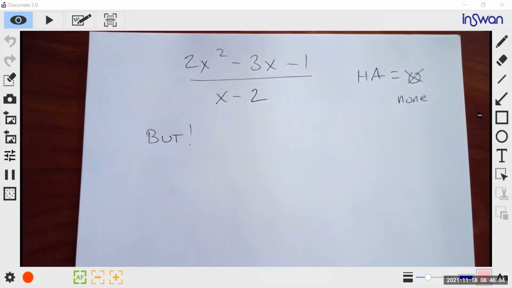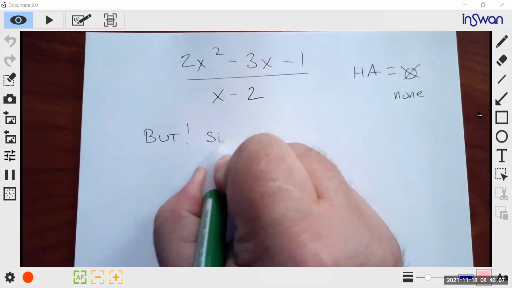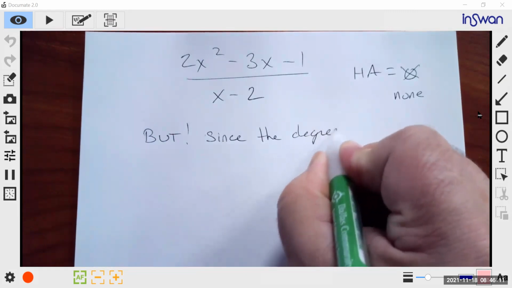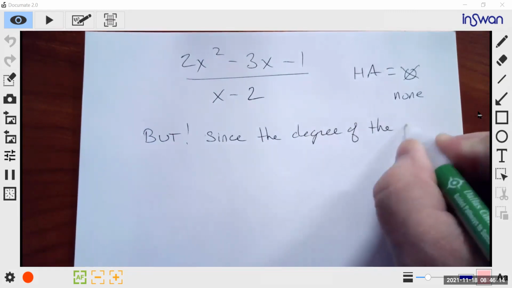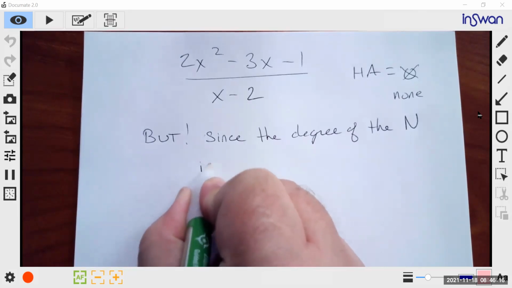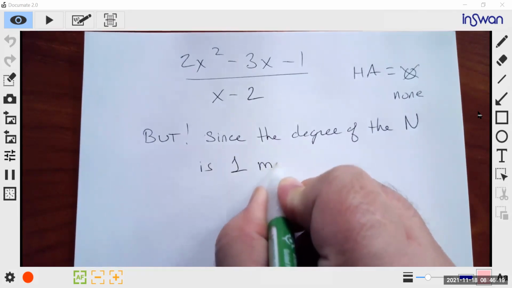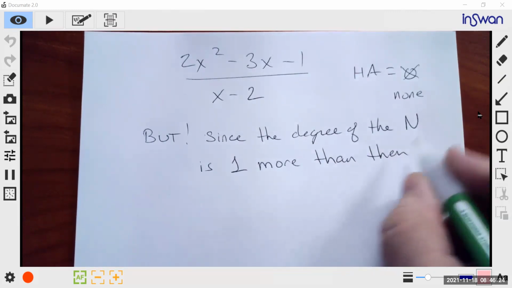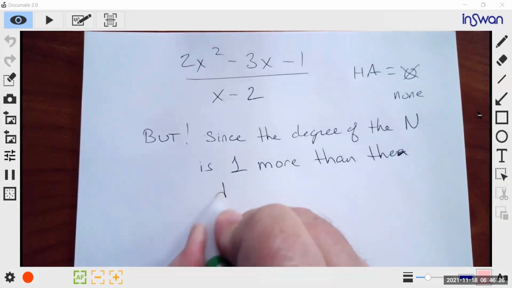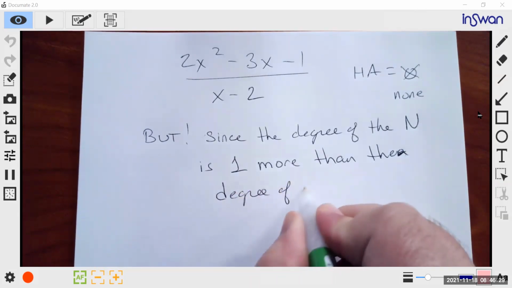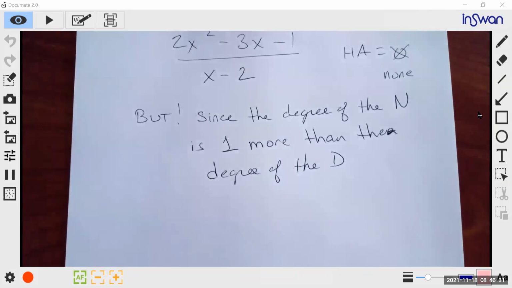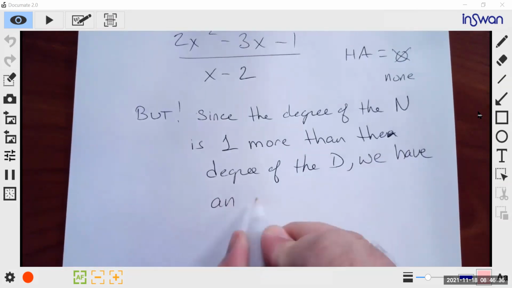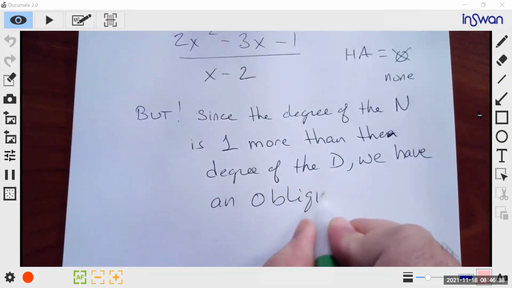But since the degree of the numerator is 1 more than the degree of the denominator, we have an oblique asymptote.